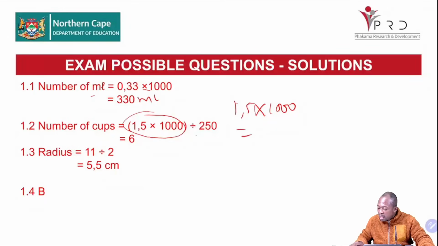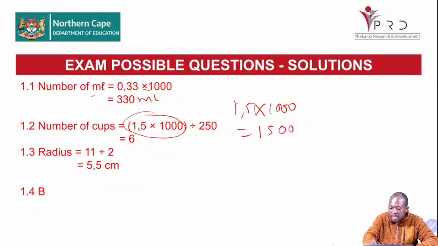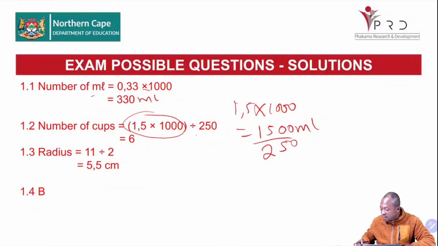Take your calculator and press 1,5 times 1,000. That will give you 1,500 milliliters. They are saying pour it into 250 milliliter cups, so you divide by 250 and that will give you 6 cups. Does that make sense to you?